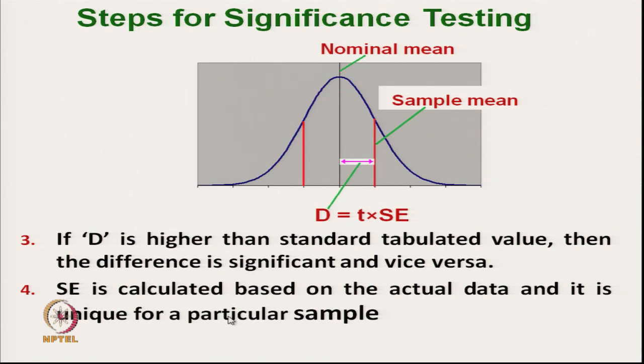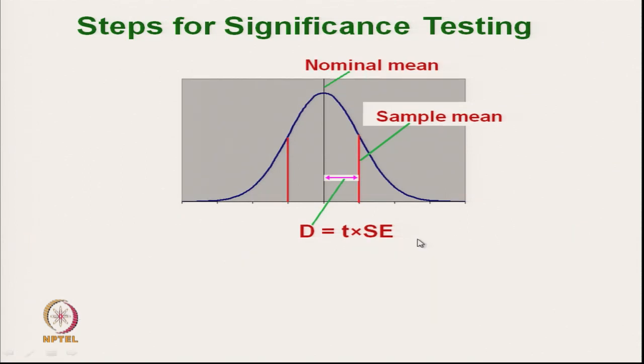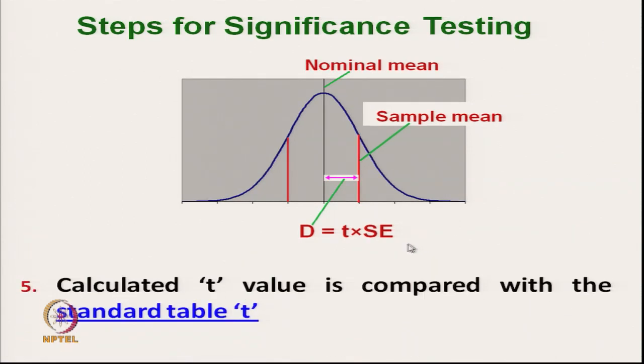Standard error is calculated based on the actual data and is unique for a particular sample. So, for any sampling distribution the standard error will be unique. First we have to calculate the standard error, and then we have to calculate the t value.